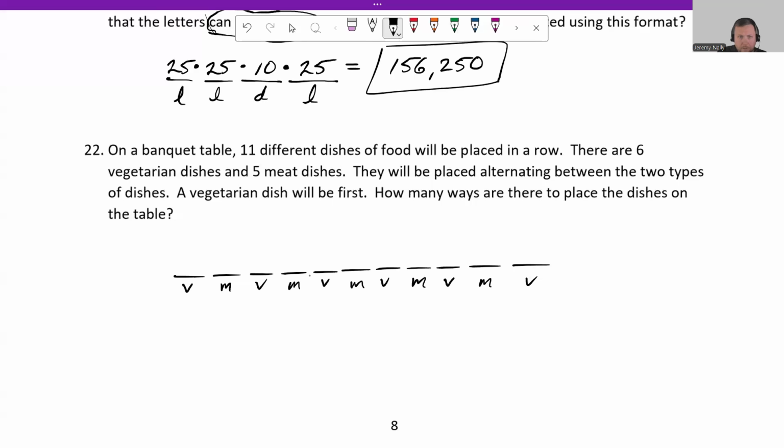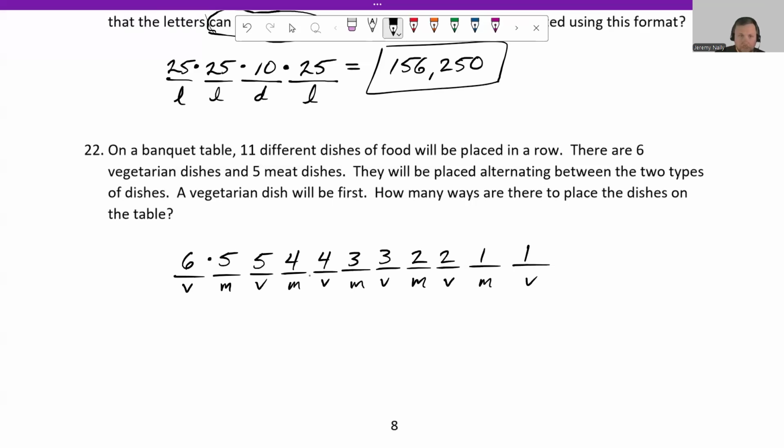So I put my first vegetarian dish down, so there's 6 to start with. And then I put my first meat, and there's 5 meat to start with. And then when I get to my next vegetarian, I've put one down, so now there's 5 left. And then I put 1 meat down, so there's 4 left. And then I just keep going until I run out.